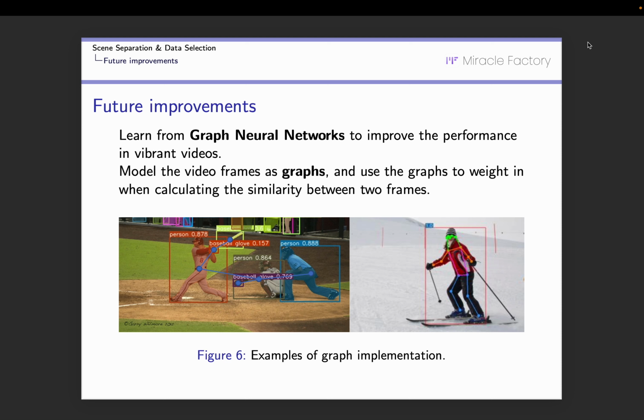So by modeling the video frame using graphs, we can essentially create an object tracking system that lets the algorithm know that the person is just moving a little bit, so the scene stays the same. So this is mainly the future improvements that we can have on the 2SDS algorithm.